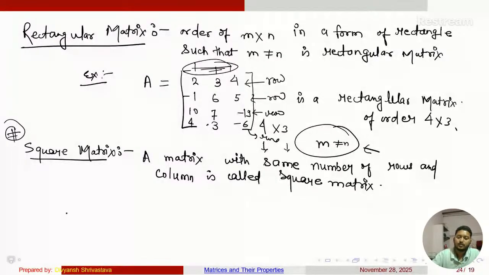An example: a square matrix A equal to 1, 2, 3, 4. This is a 2 cross 2 matrix, a square matrix of order 2.